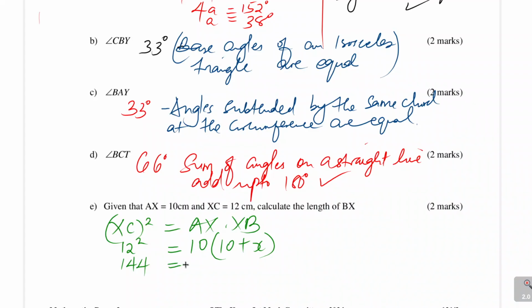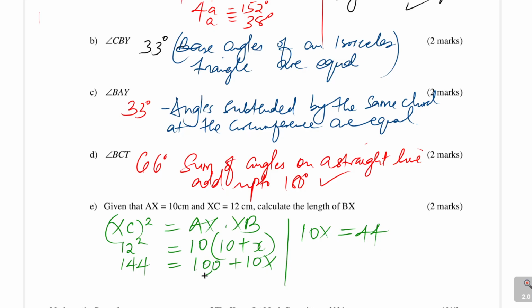So 144 is equals to 10 times 10 plus x. This is 100 plus 10x. So therefore 10x, making 10x the subject, will be given by 44.